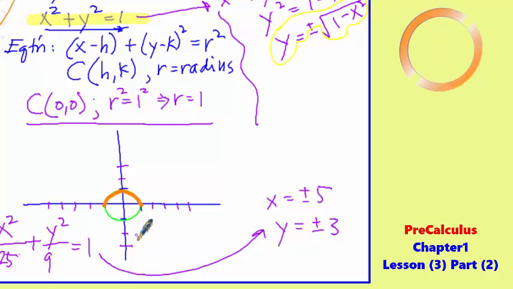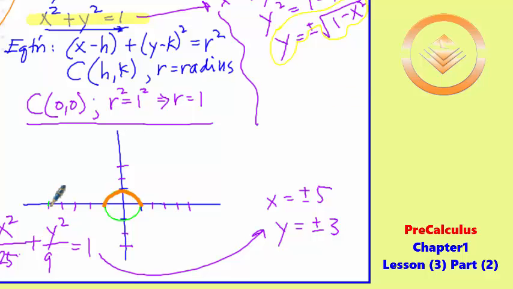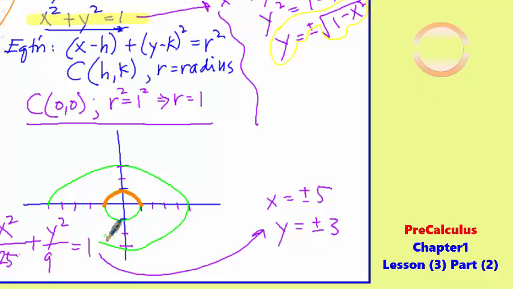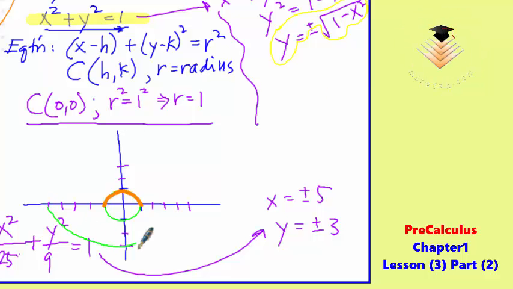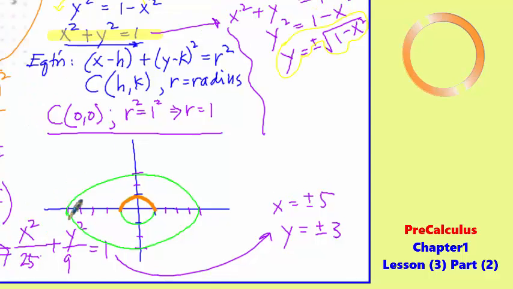So graphing the ellipse, we will get something like this. It should be more curved. I messed that up. Okay, it should be like this. So that's our ellipse.